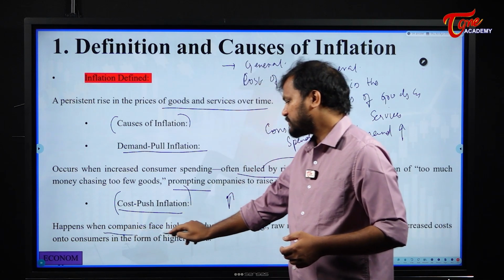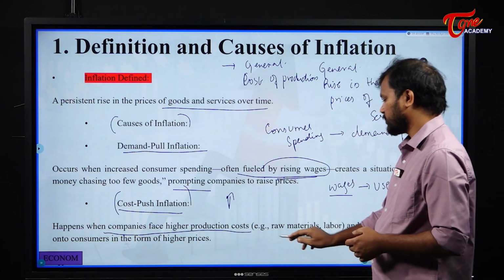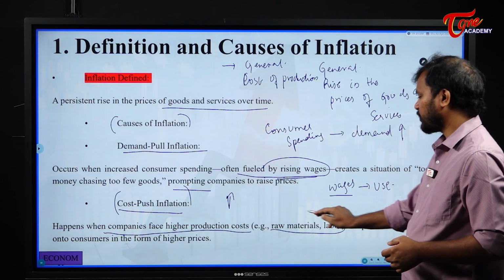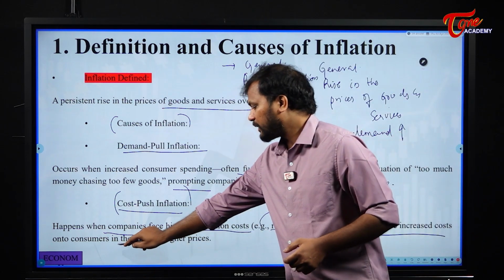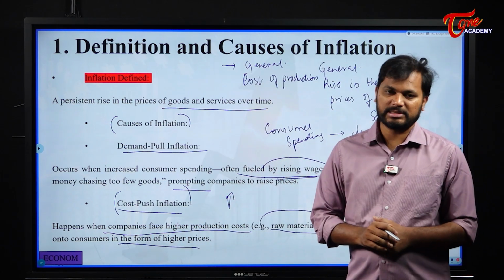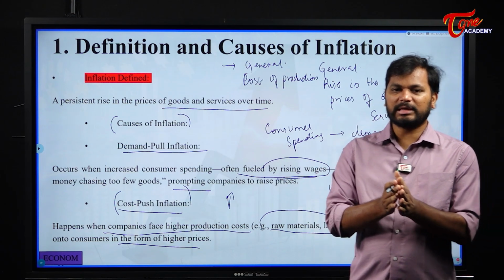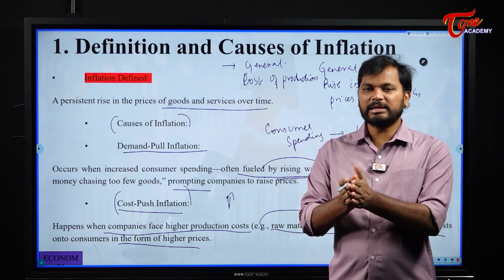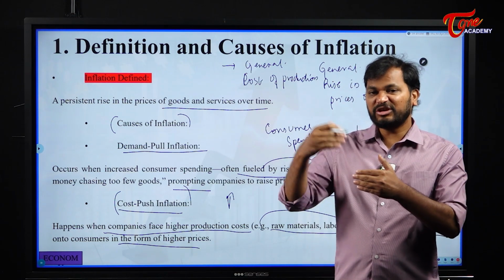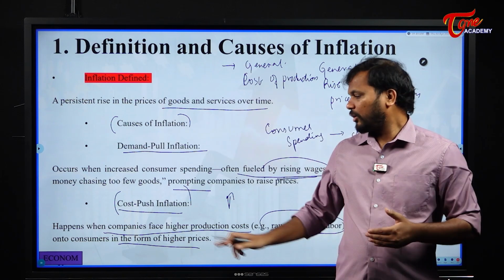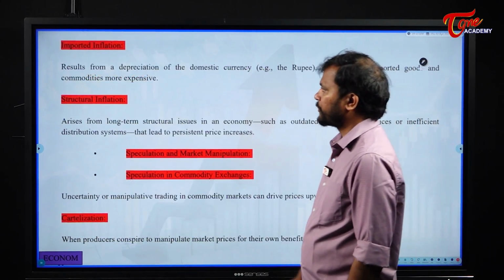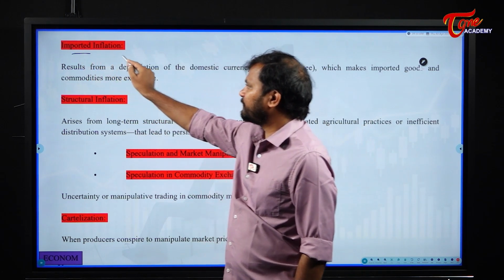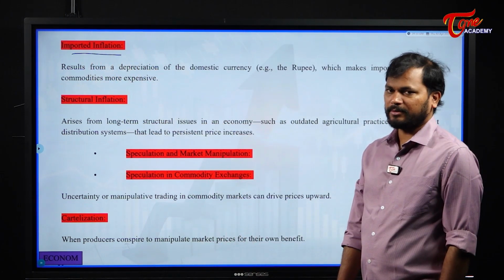It happens where companies face higher production costs, for example raw materials or labor, etc., and pass this increased cost on to consumers in the form of higher prices. Okay, the cost that is incurred in the increased process of production, the burden is shifted onto the consumers. Clear?